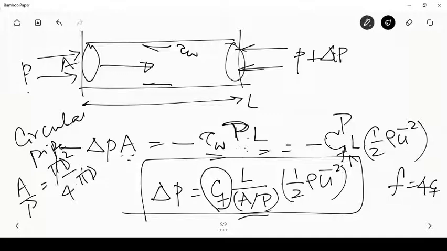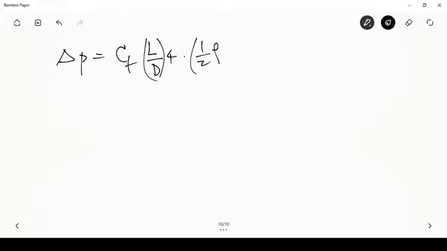So the pi goes and the d goes, so you get d by 4. So this actually becomes 4 by d. So if I write this expression, delta P is equal to Cf times L by d into 4, multiplied by half rho u infinity squared, or u bar squared.